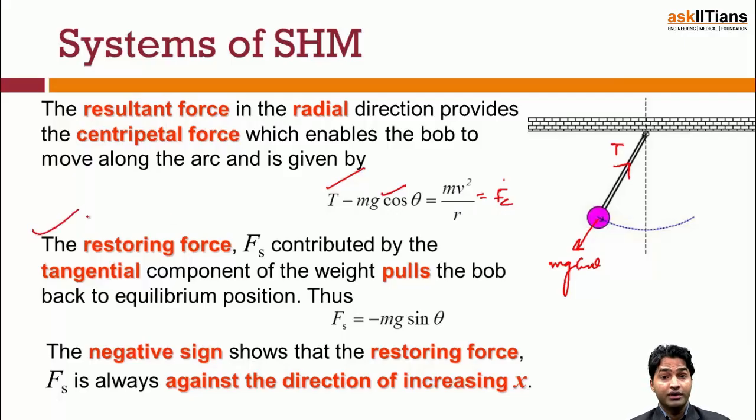Now we write the equation for the restoring force: Fs is equal to minus mg sin theta. The negative sign means the restoring force is always in the opposite direction of the displacement.